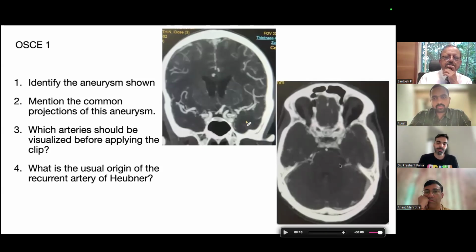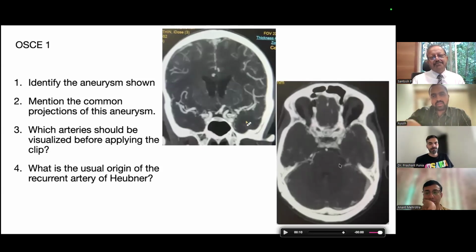Is superior the most common? No, for ACOM we have inferior. I'm confused. Most probably inferior and laterally directed are the most common. I'm not aware of this, and I'm not able to recall right now.